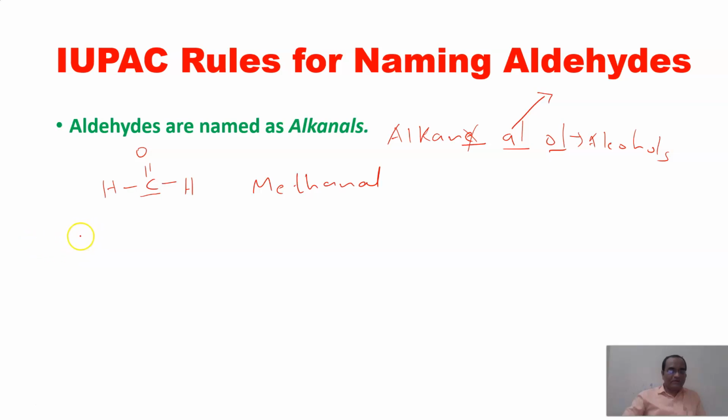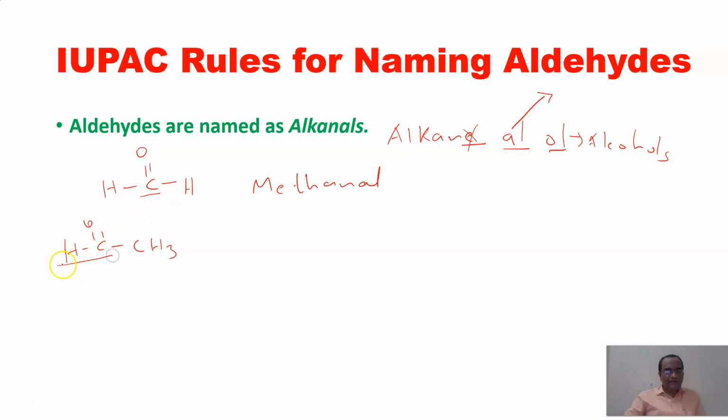Now one more example I will take. An aldehyde has one hydrogen on the adjacent side, or it has two hydrogens. So there is only one compound with two, that is formaldehyde or methanal.